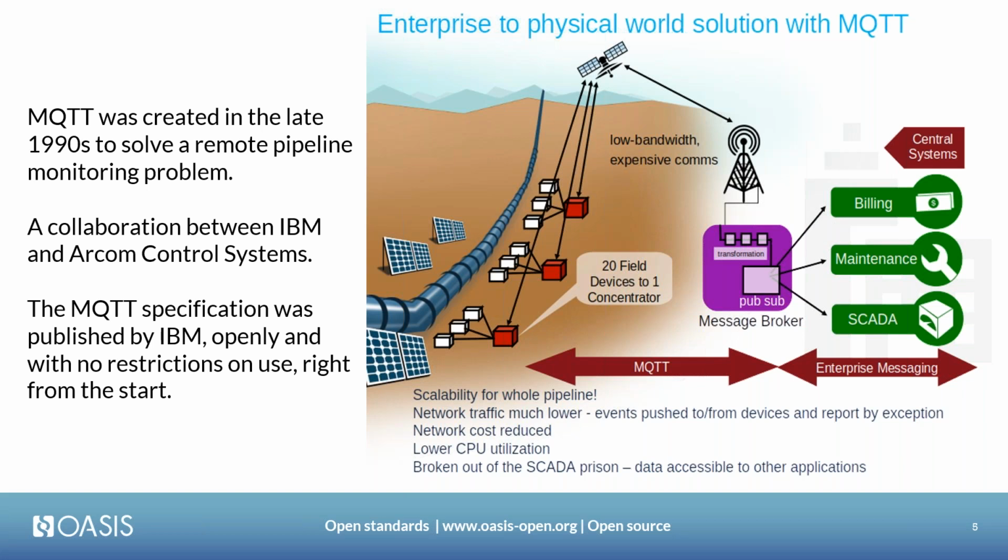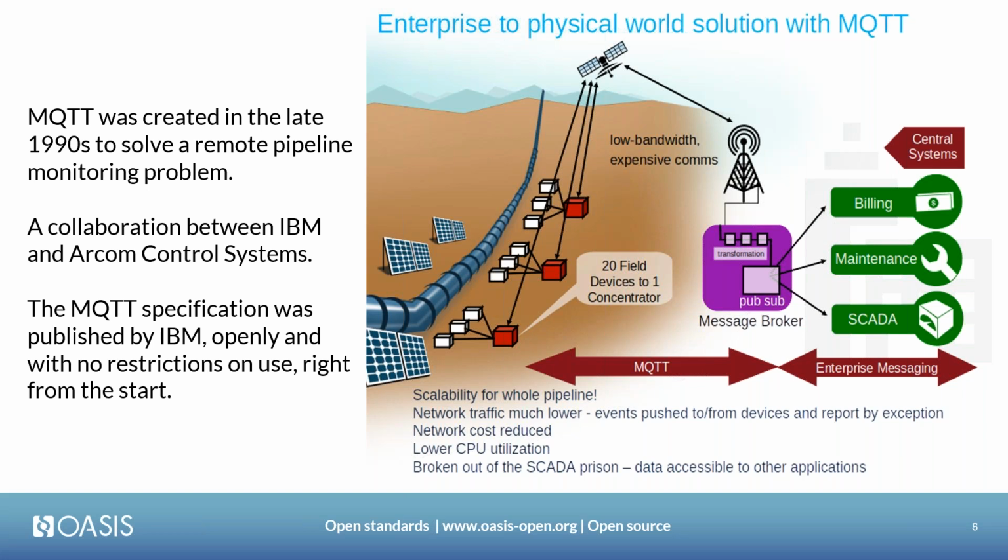With the implementation of MQTT, the solution became much more efficient. Messages were sent from the server to the concentrators only when needed, and only when events of note occurred, so that the whole solution was much more efficient.